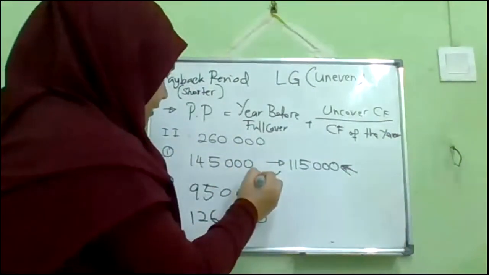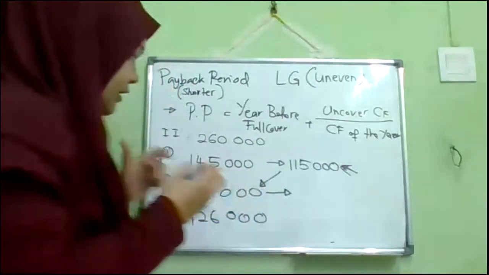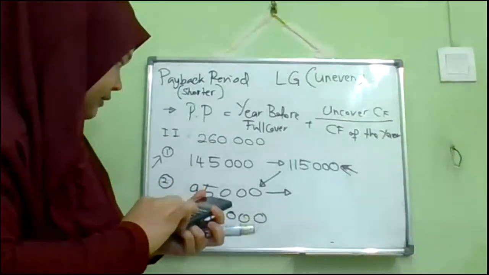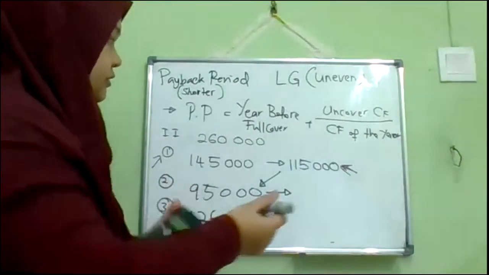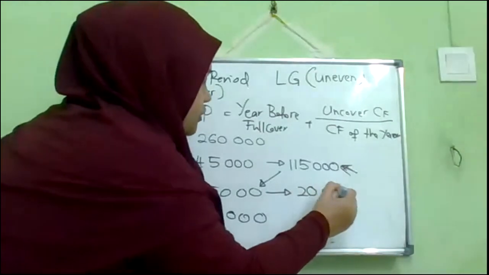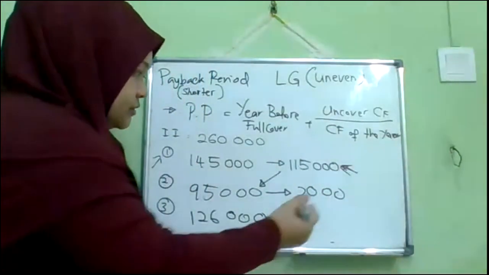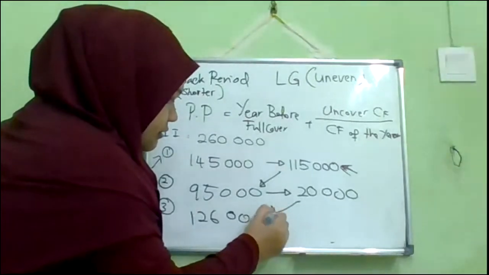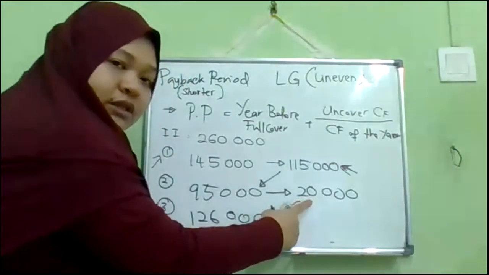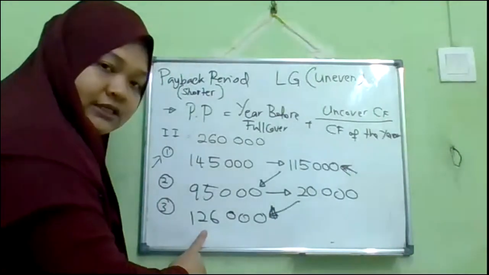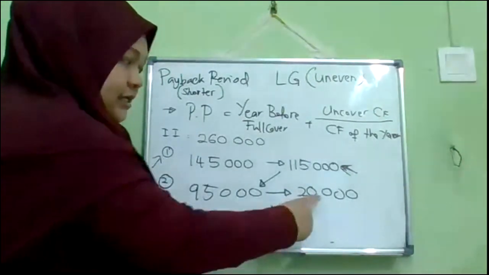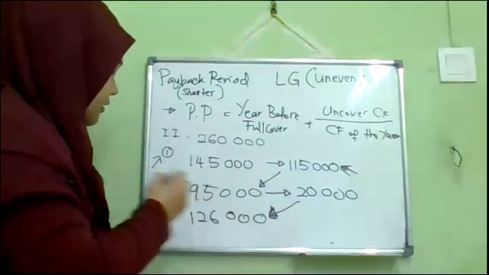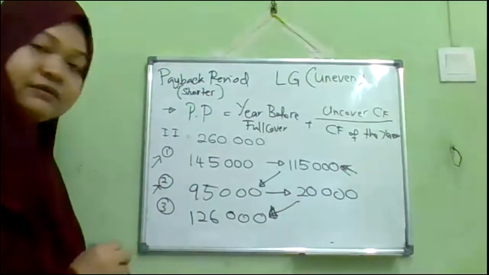So when you minus this, you will get the answer, so there is another 20,000 which not been covered yet. So when you minus here, 20,000 is lesser than this figure. This figure is higher than this figure. So just stop here.